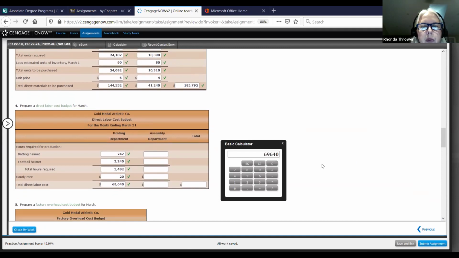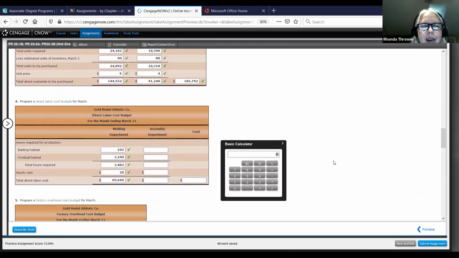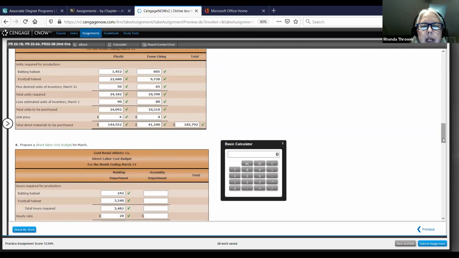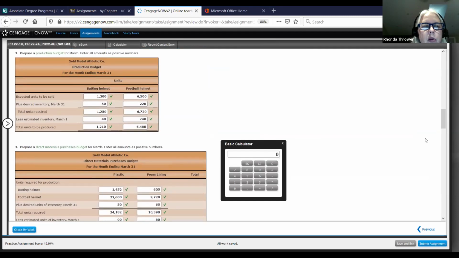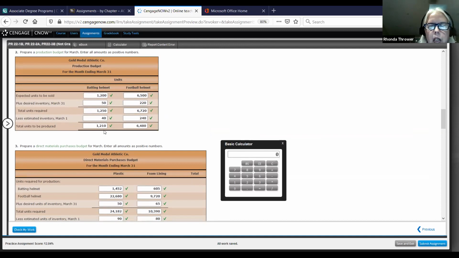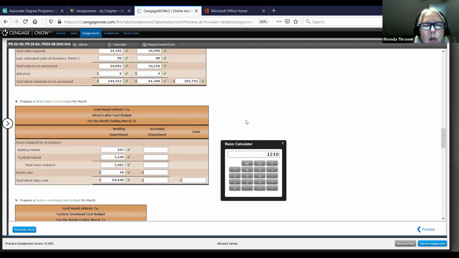We're going to start with the batting helmets and determine the time that it takes to produce the batting helmets in the assembly department. So from our production budget, we're going to pick up the batting helmets, which was $12.10. And then I'm going to multiply that by the time it takes to produce the batting helmets in the assembly department.